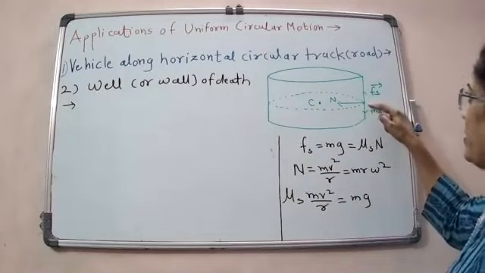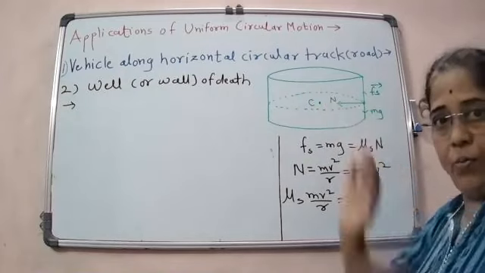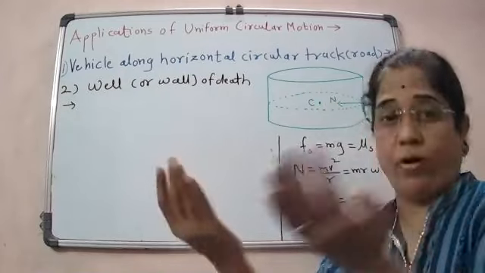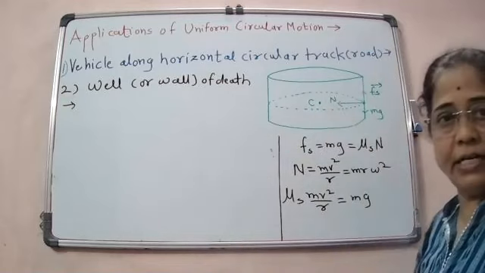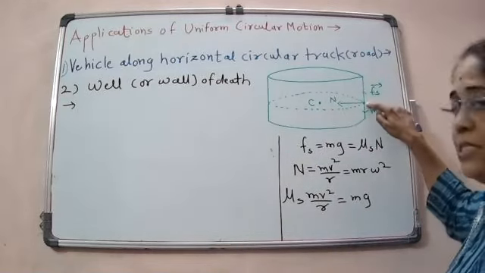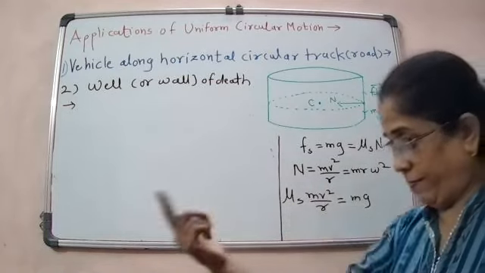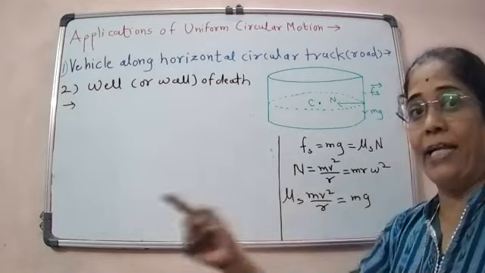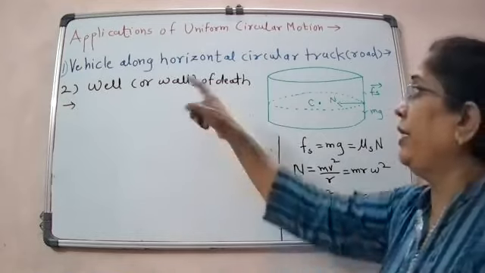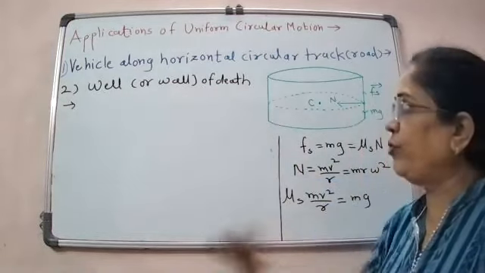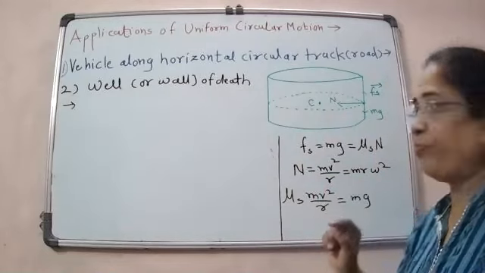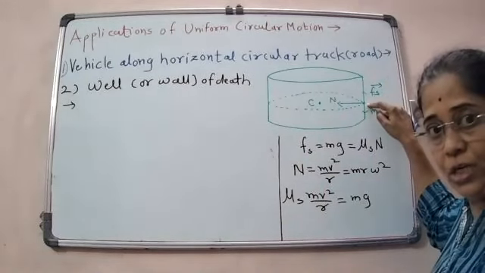So see, suppose that this is the center of the cylindrical wall. And this is the position of the motorcyclist, which is moving along that horizontal circle in the wall of death.